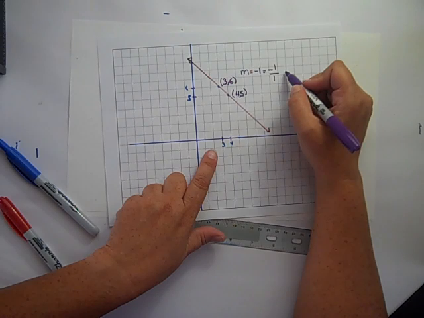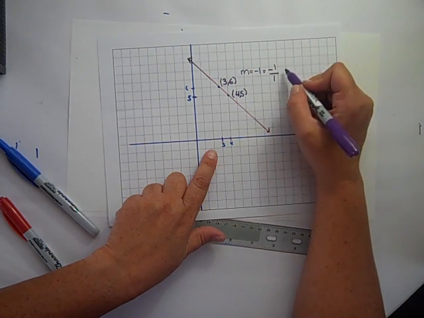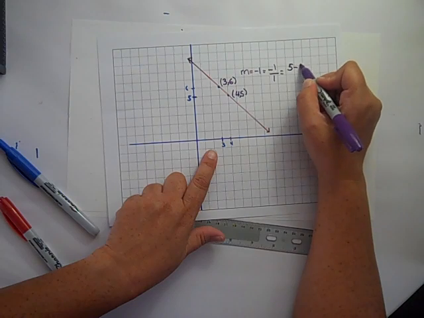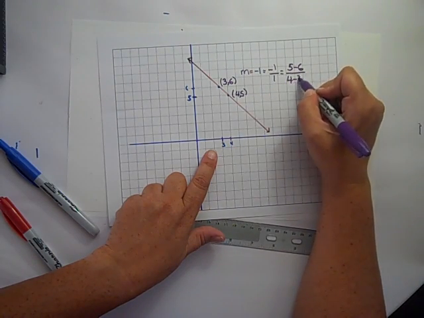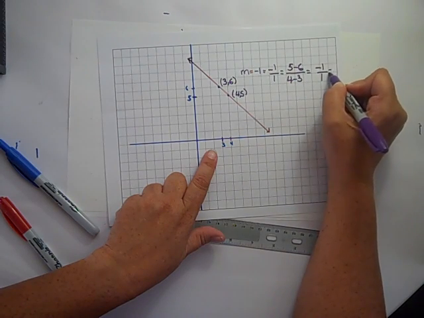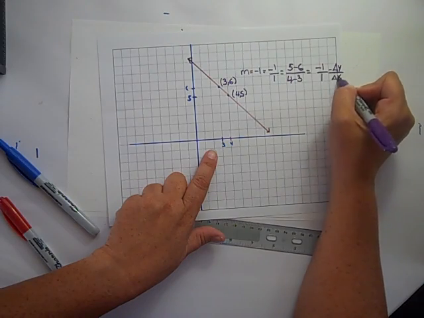You should definitely stop the video here for a second and see if you can do the y2 minus y1 on your own. But that would be 5 minus 6 over 4 minus 3, which gives me -1 over 1. And that is change in y over change in x.